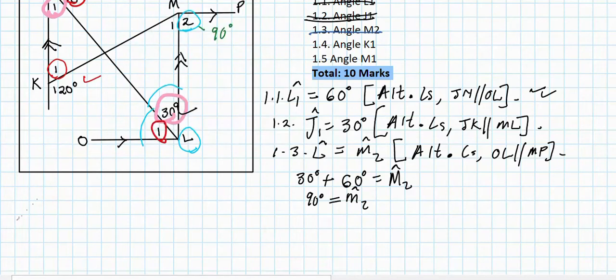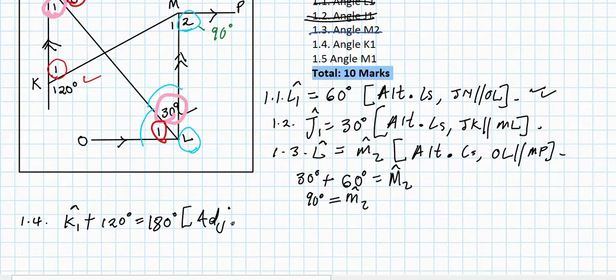So here for 1.4, I know that if I add angle K1 with the 120 degrees, sorry, let's fix that. Let's do it again. I know that for 1.4, if I add angle K1 with the 120 degrees, I must get 180 degrees. Reason for that?